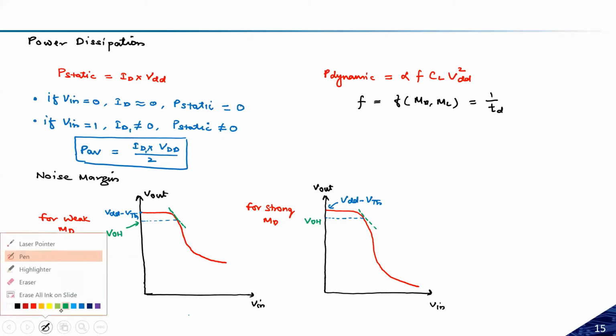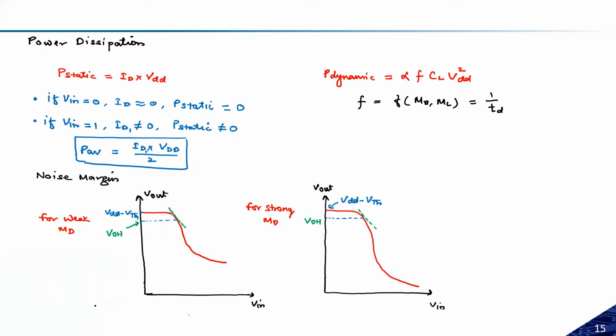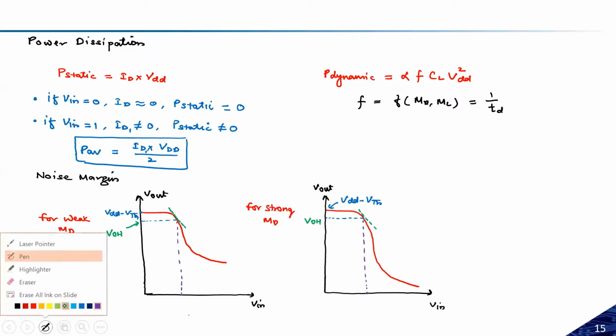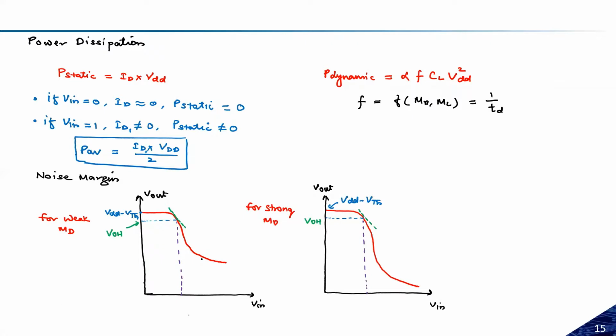Other things, if I have to draw, what is this value, can anyone tell? VIH? VIH or VIL? It is VIL, sir. This will be VIL. Let me draw the second one. Wait one minute, please.